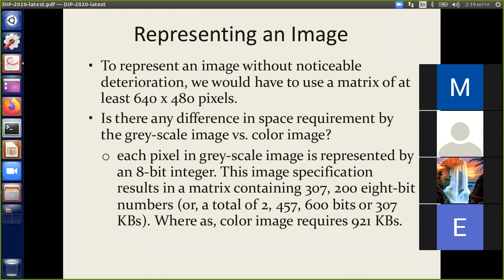We also classified images into static and animated, especially nowadays. There are different image formats: JPG, TIFF, PNG, PNM, and GIF.